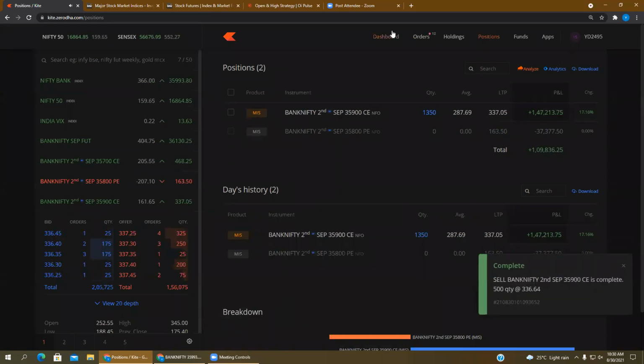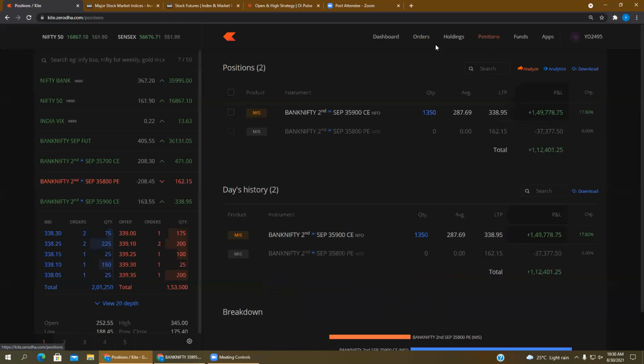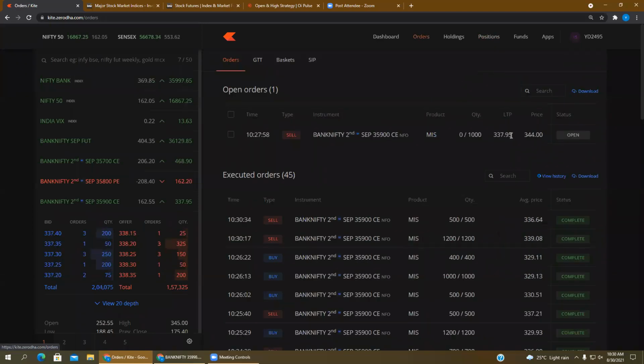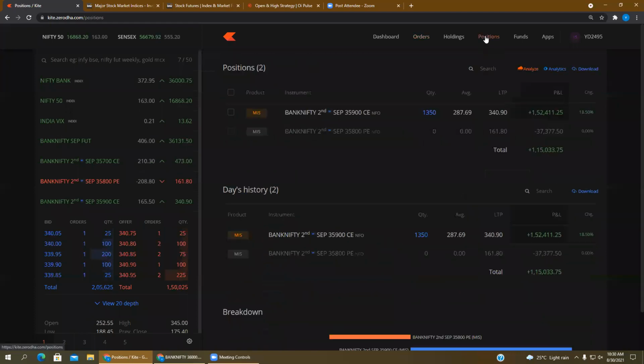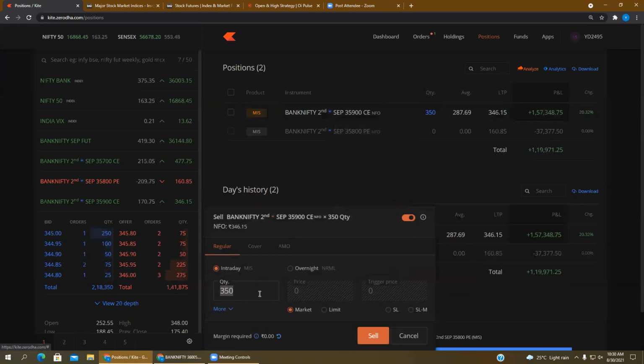Exiting more 500. I have 1350. Out of this 1350, 1000 I put an order of 344. Let's see if it takes it. Yes, it does. Okay, now I have 350 left.